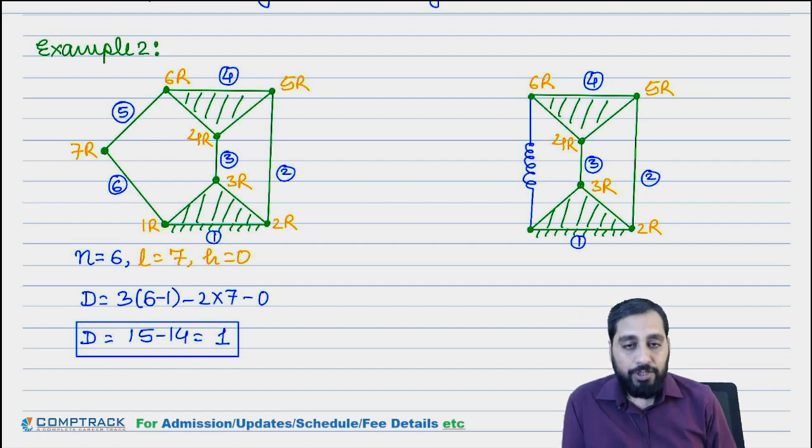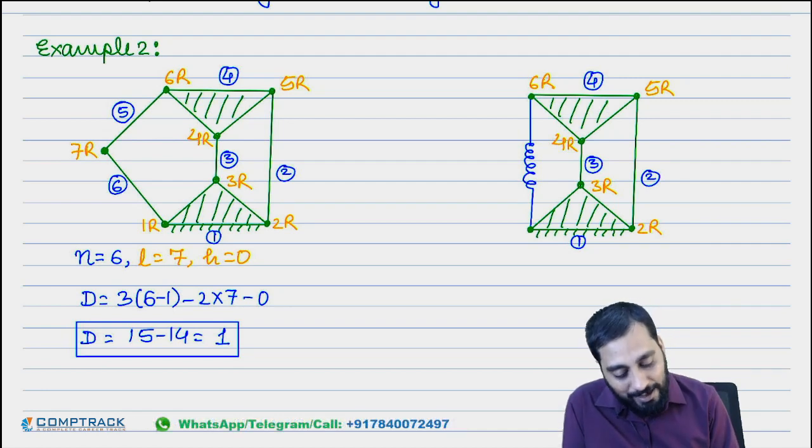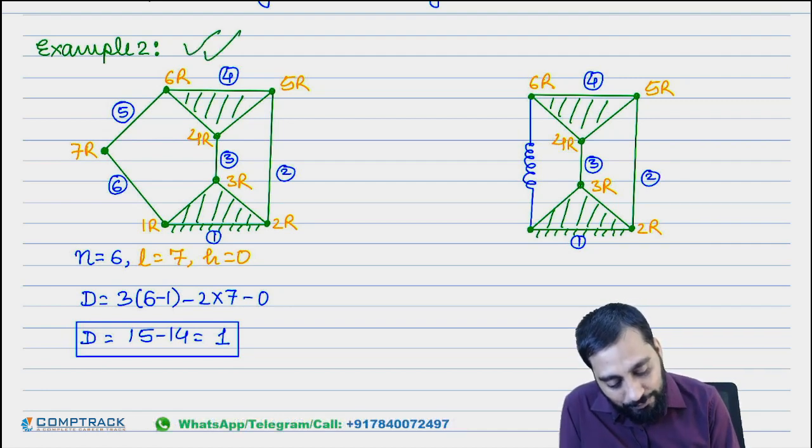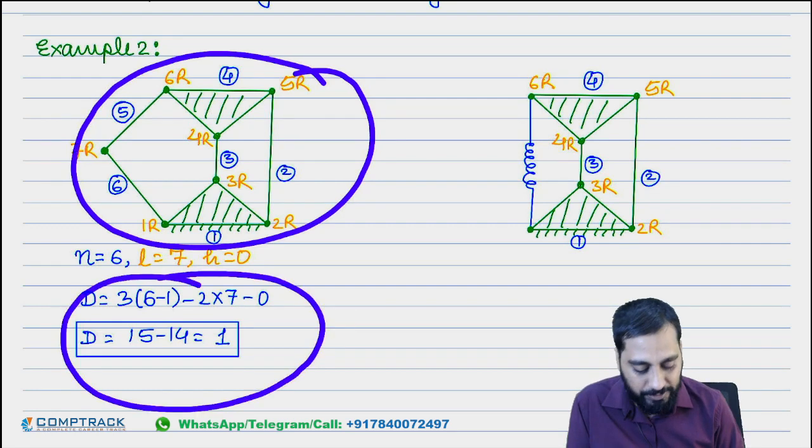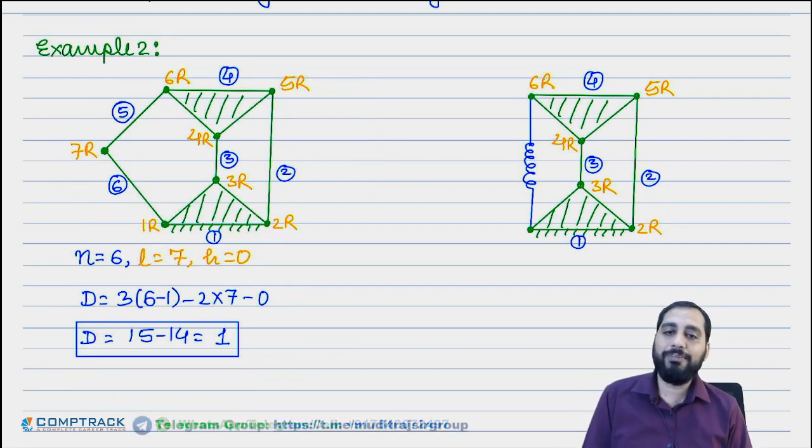Okay, what is the use of it? If एग्जाम में आपको ये देते हैं, if they will give you this problem in exam, you will solve easily, yes or no? No problem will be there.